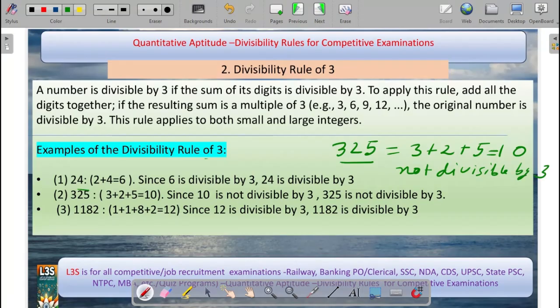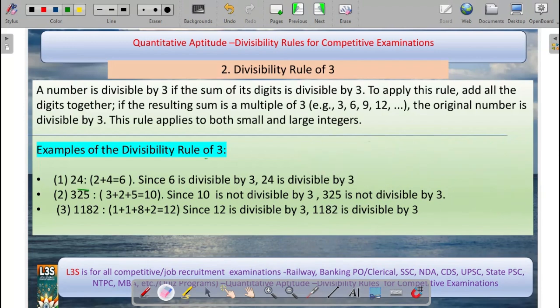Another example, 1182. Similarly, if we take the sum of the digits of 1182, 1 plus 1 plus 8 plus 2 is equal to 12. Now 12 is divisible by 3, so the whole number 1182 is divisible by 3. So this is the divisibility rule of 3.